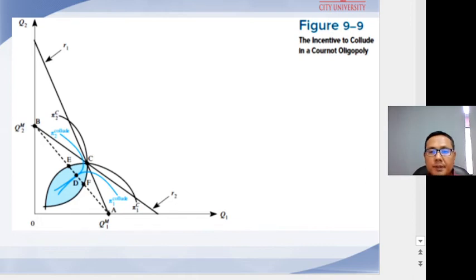So at this point, the corresponding market price and output are identical to those arising under monopoly.